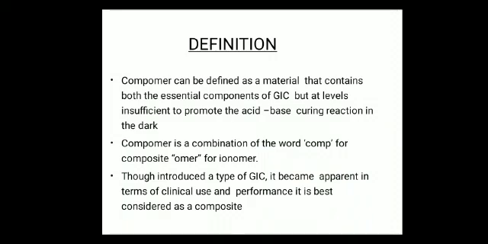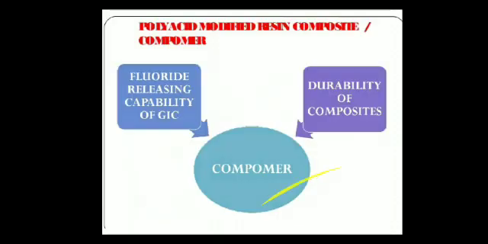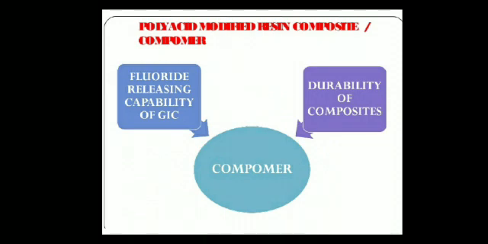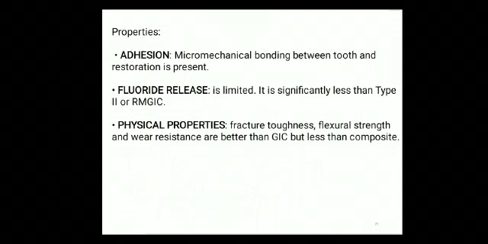Though introduced as a type of GIC, it became apparent in terms of clinical use and performance that it is best considered as composite. It has the fluoride releasing capacity of GIC and durability same as composite.